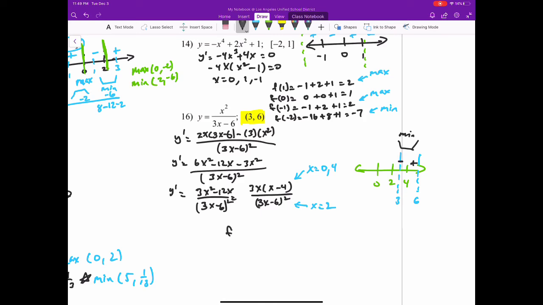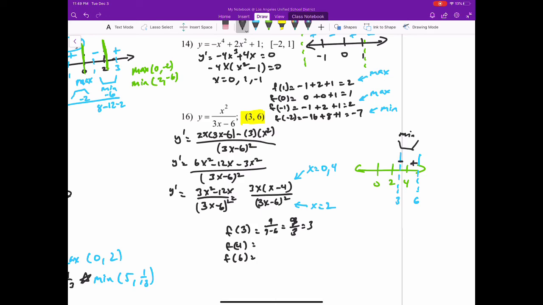If I write f at 3 on my left endpoint, f at 4 at my critical point, and f at 6, let's take a look here. So f at 3, that's going to be 9 over 9 minus 6, and that's going to be 9 over 3, which is just 3.